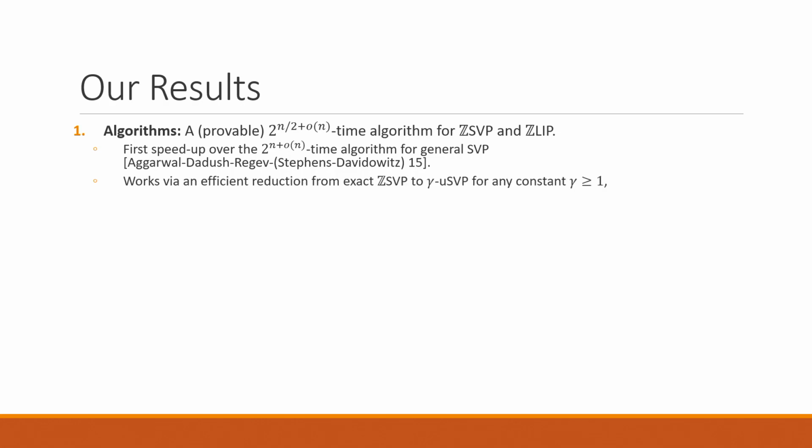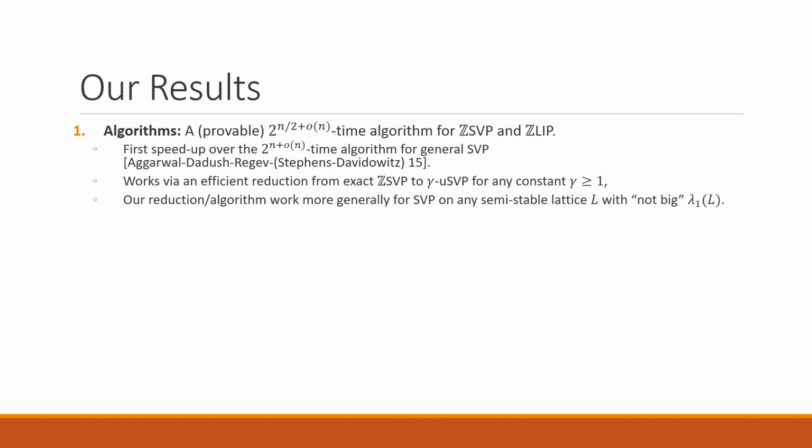And really the core of our algorithm is a reduction from the exact shortest vector problem on rotations of Zn, the ZSVP, to approximate unique SVP. So we have a polynomial time reduction from exact ZSVP to gamma USVP for any constant gamma greater than 1.